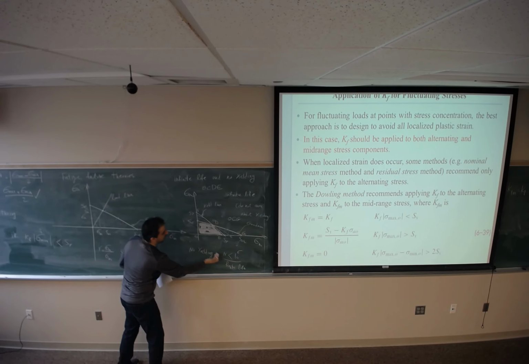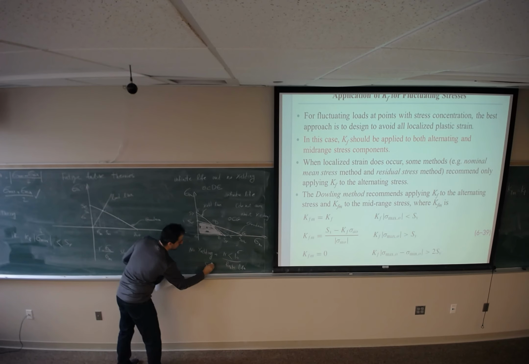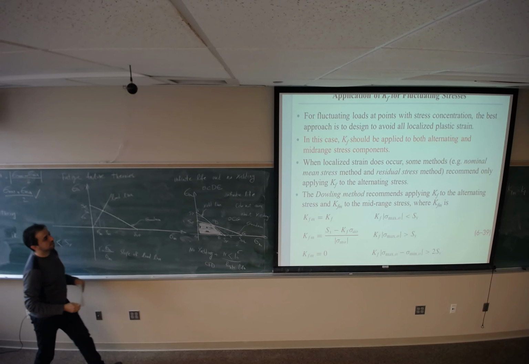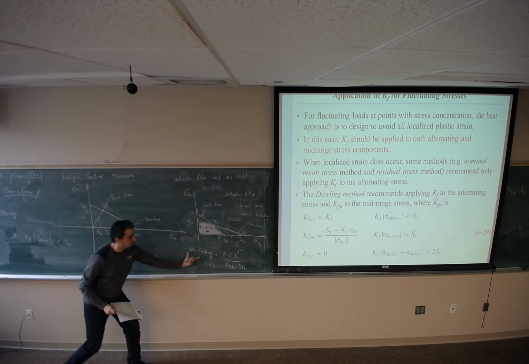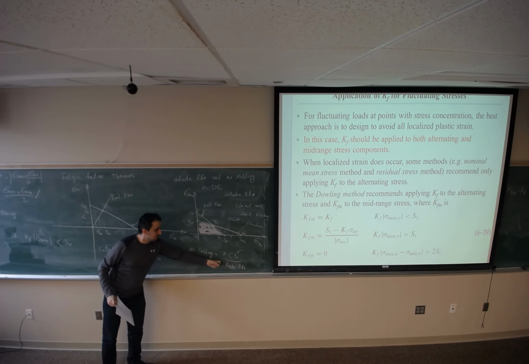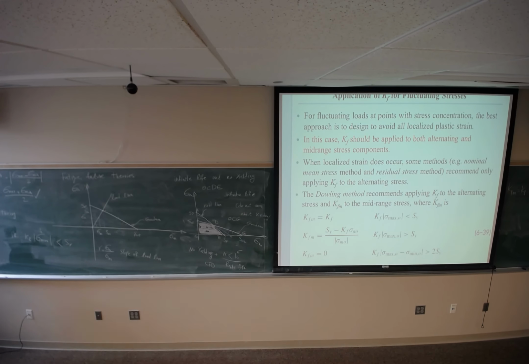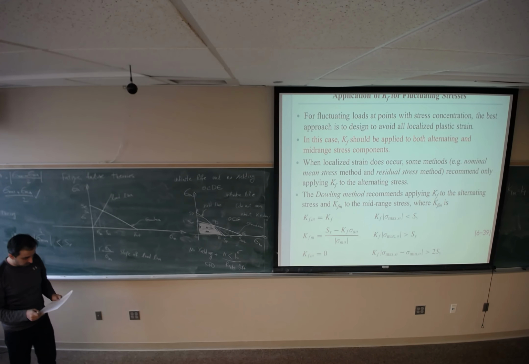Finite life should be on the upper side. So CFD is going to be the area that we are looking for. No yielding because it's this side of the line, but it's finite life, so it should be in CFD.